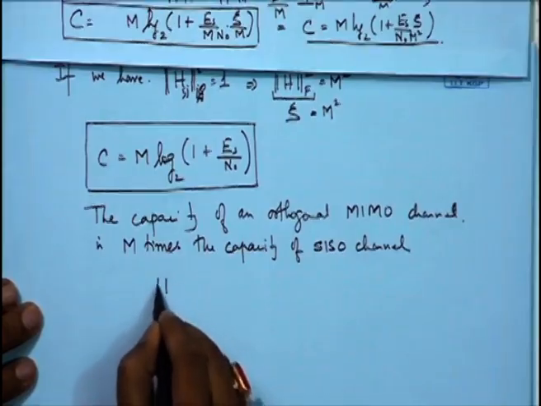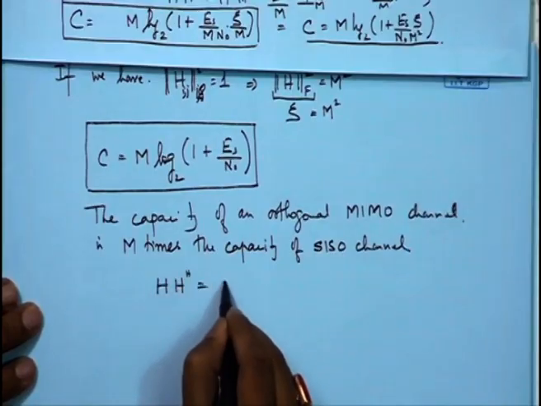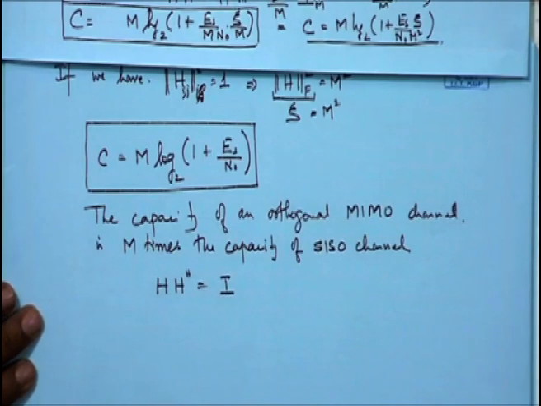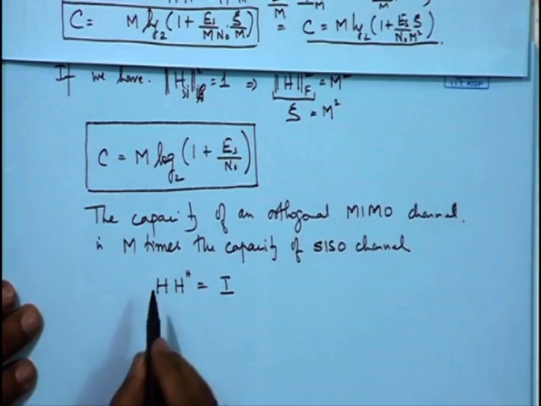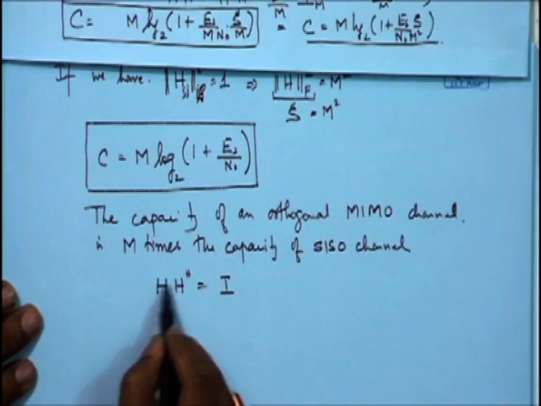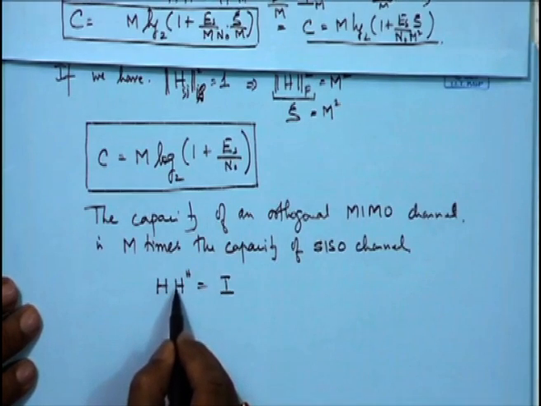we have said H Hermitian H is equal to some kind of an identity matrix. So, that means the cross terms of H do not matter, they cancel out each other.